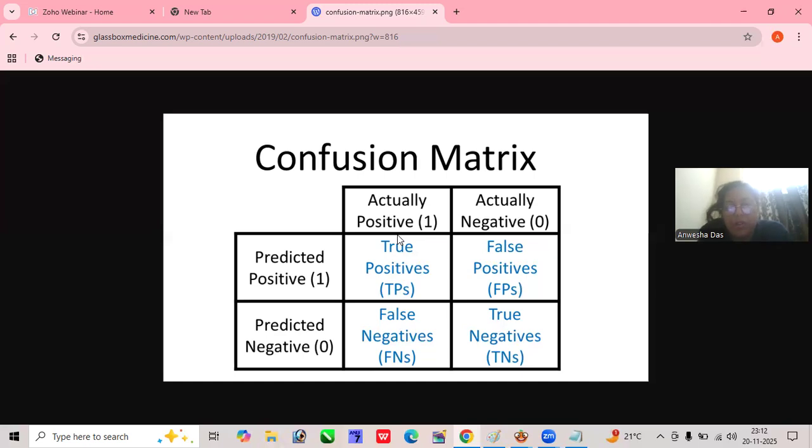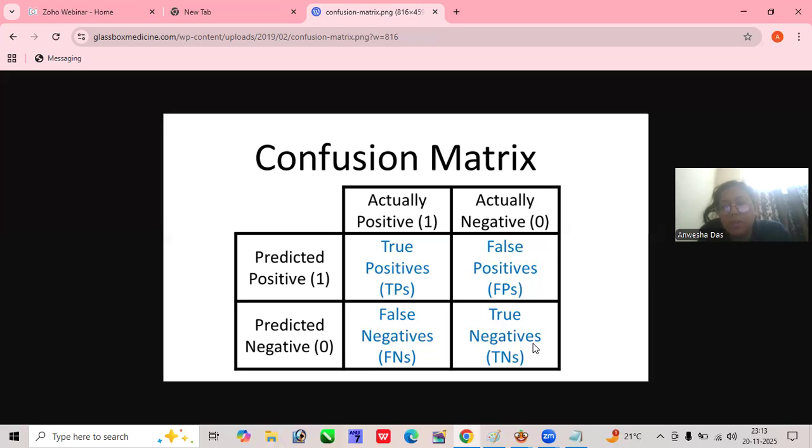Now focus on the true negative. The true negative is when it is actually false and it is predicting false as well. You are not suffering from pneumonia and your report is negative. You predict 0 and the actual result is also 0. Both are false.